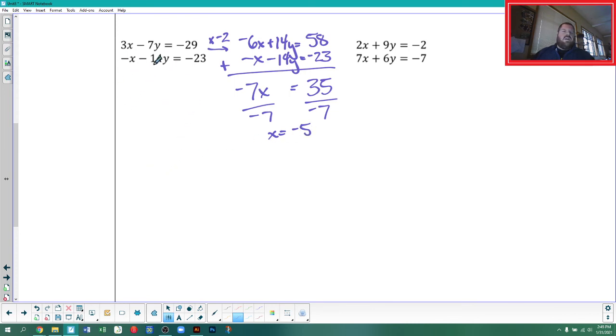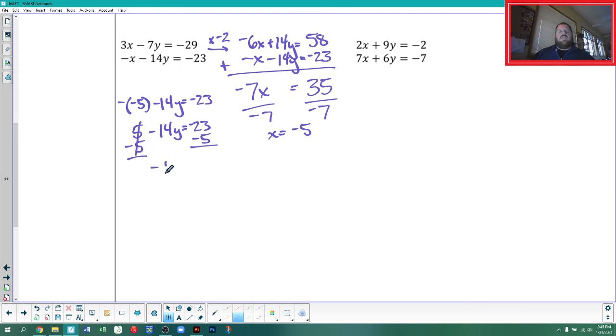Using x is equal to -5, maybe in the bottom equation, even though there's a lot of negatives there, I have -5 minus 14y equals -23. That's going to turn into a positive 5. I'll subtract 5 from both sides.